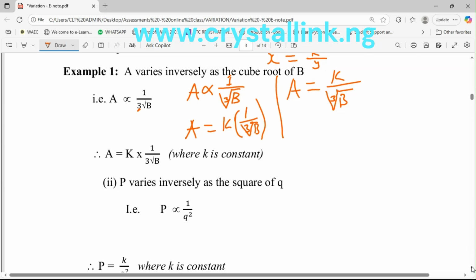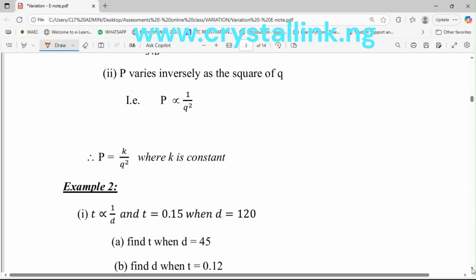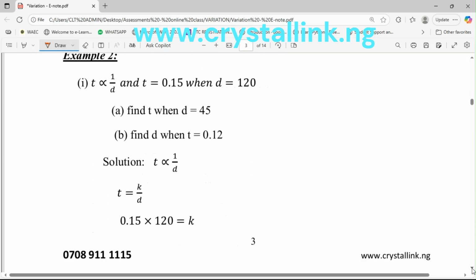So we proceed. Let's take some calculation on inverse variation. In this example, it says t is inversely proportional to d and t equal to 0.15 when d equal to 120.